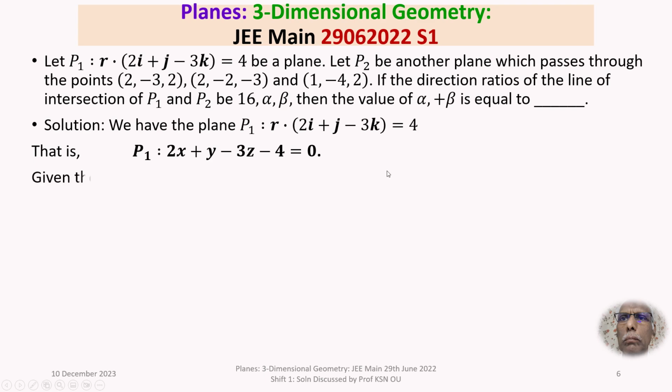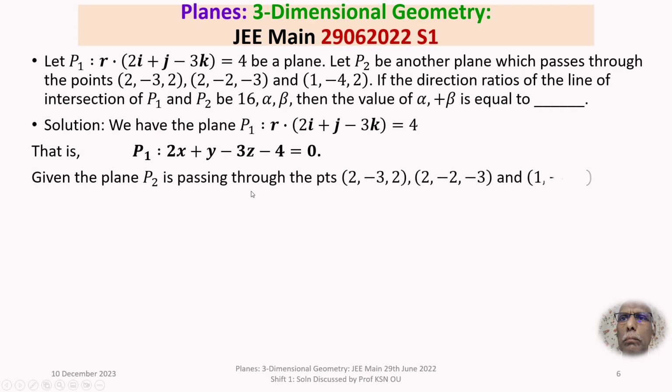We are given the second plane P2 is passing through 3 points with coordinates (2, -3, 2), (2, -2, -3) and (1, -4, 2). We know how to write the equation of the plane passing through 3 points.